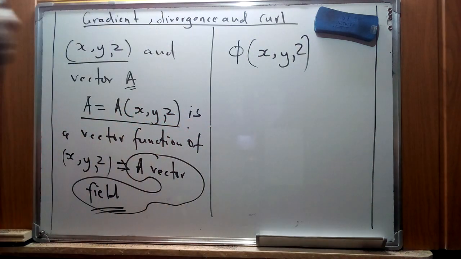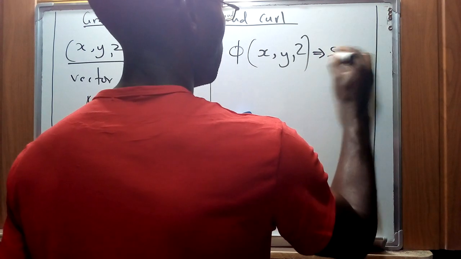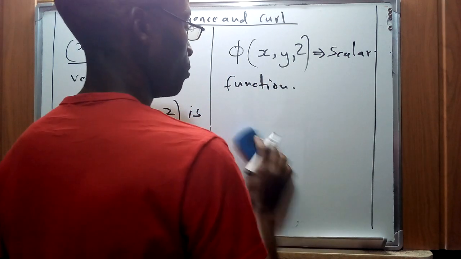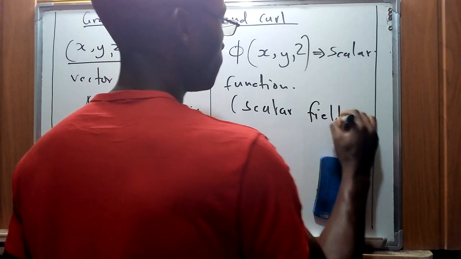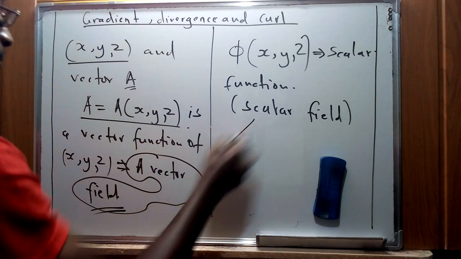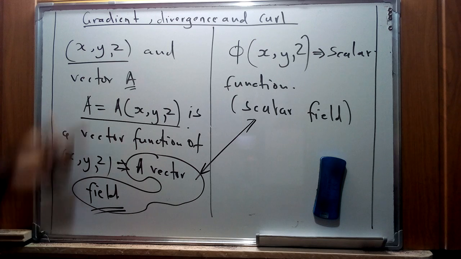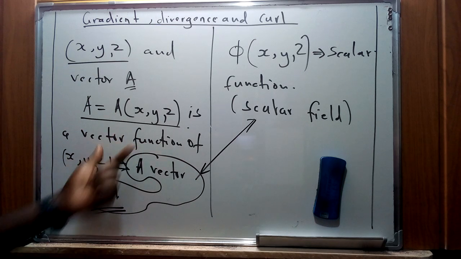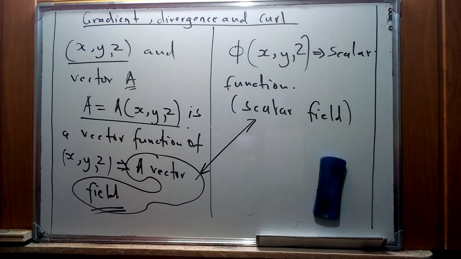Therefore, we can represent a scalar function using this specific representation, and this is going to be referred to as a scalar field. And therefore, for the two particular aspects that we are talking about of a point of a rectangular coordinate system, we can represent it using a vector function and a scalar function that can be represented as phi of x, y, z.